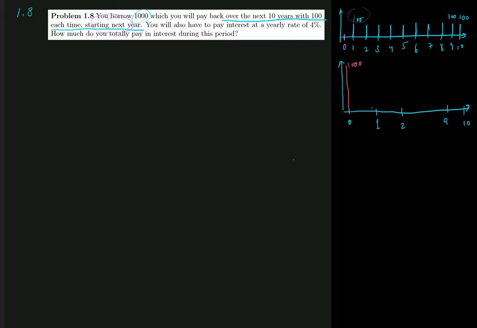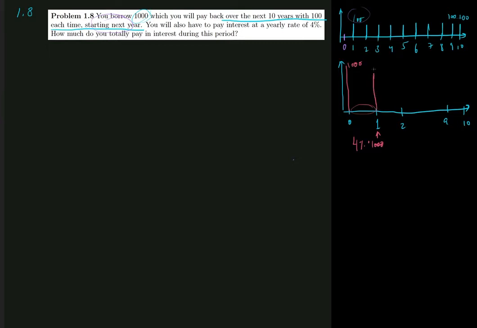That means during this year here, you have 1,000 at your disposal. So you will have to pay 4% times 1,000 at this time point in interest, because you had this 1,000 at your disposal during this year.